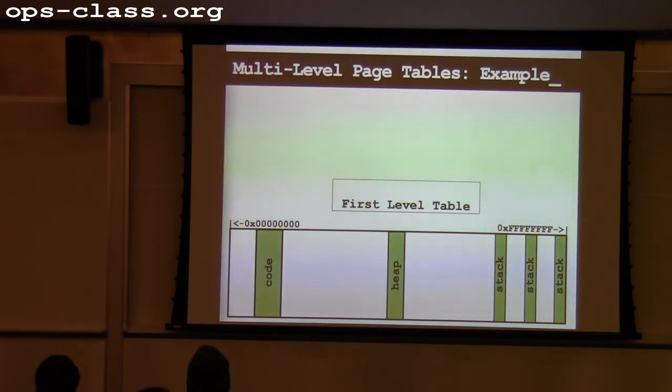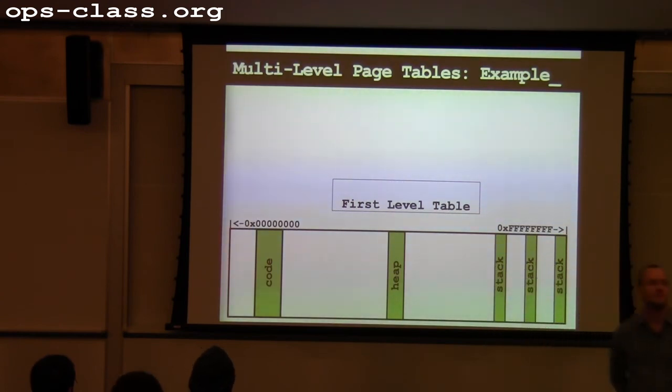I hear 6. Does anybody want to put up a different number for vote? 6. Not a huge fan of 6. Yeah, the number of second level tables, or the number of valid entries in the first level table, is the same thing, right?